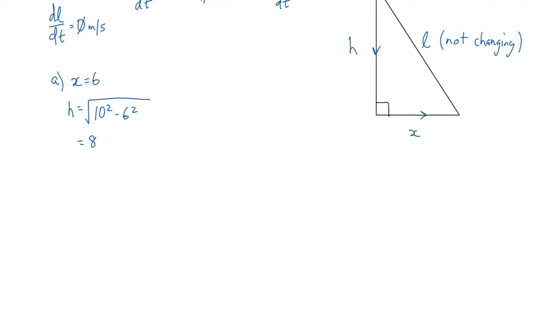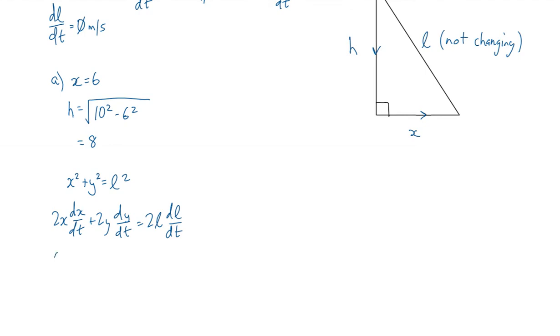Okay, now I've got two ways of doing this. So I can take the derivative: 2x dx by dt plus 2y dy by dt equals 2L dL by dt. And just start subbing stuff in. Again, the 2's are going to disappear.